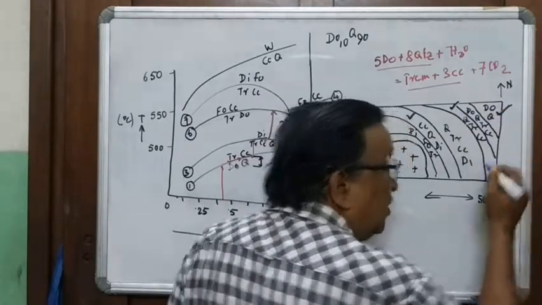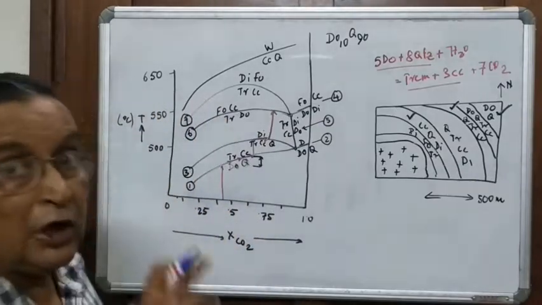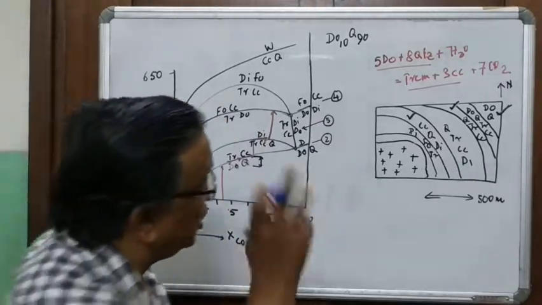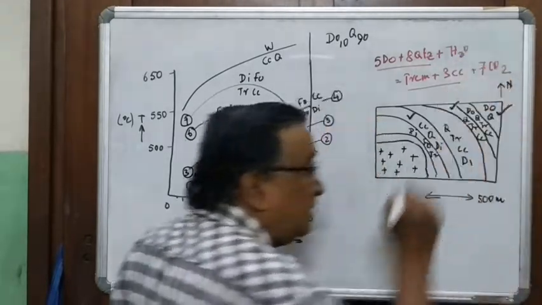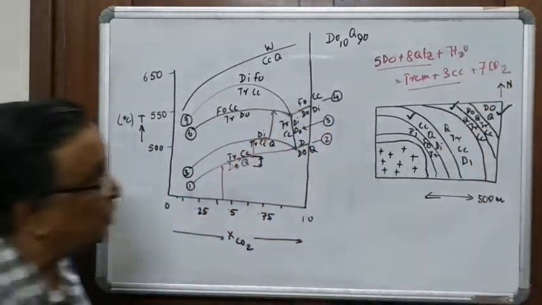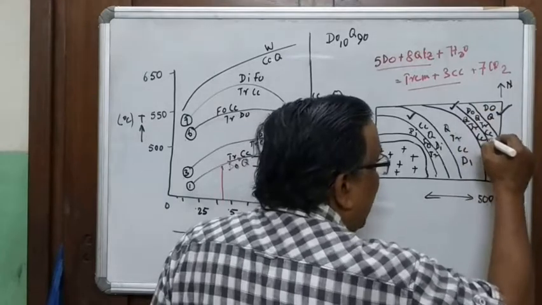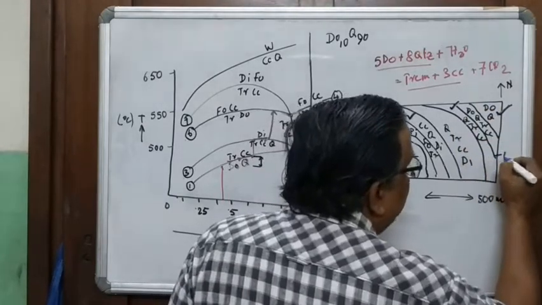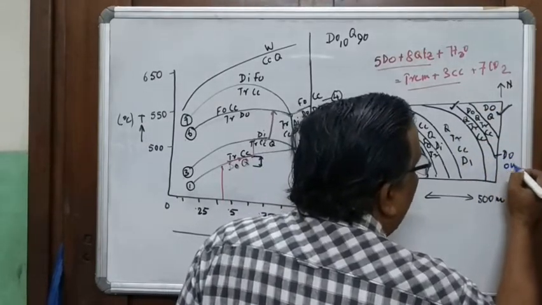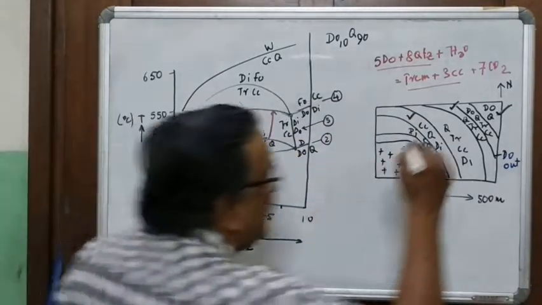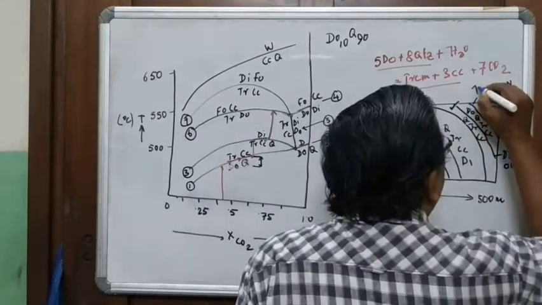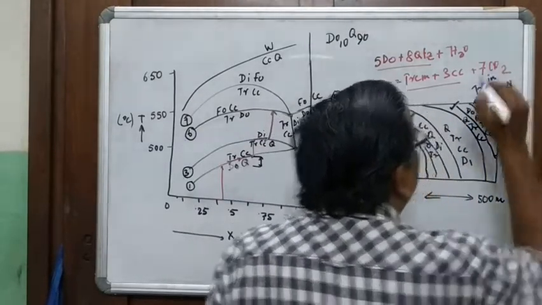The modal abundance of tremolite and calcite is increasing because you're producing more and more tremolite and calcite. Until, for a dolomitic quartzite, as I told you, dolomitic quartzite will stay and dolomite will be out of the reaction. So this is the plane where dolomite goes out. This is the place where it's dolomite out, and this is the place where you have tremolite in.